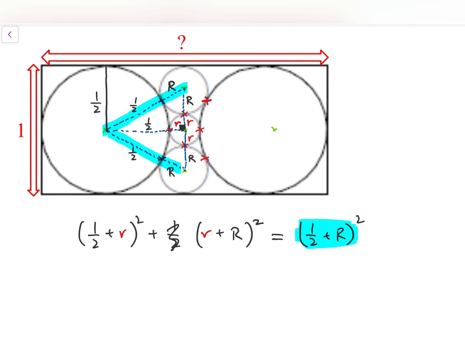So now from this we can expand. For the first squared, we have 1/4 plus small r plus small r squared. And for the second squared, we have small r squared plus 2 small r big R plus big R squared. And the sum of them is equal to 1/4 plus big R plus big R squared.